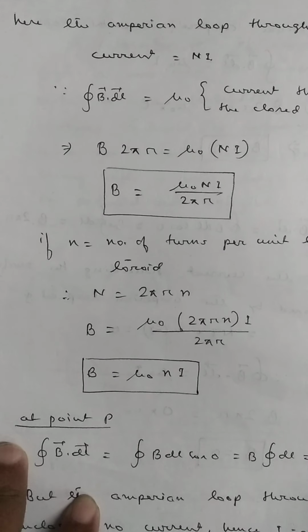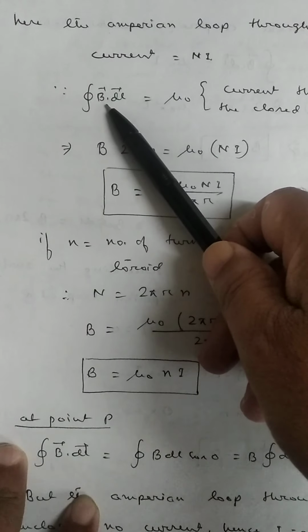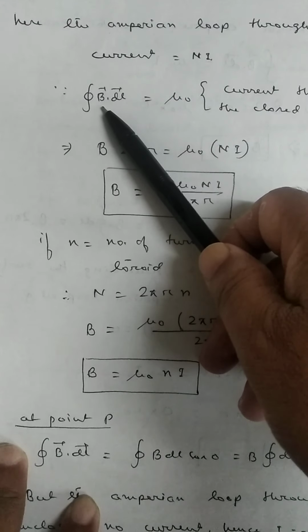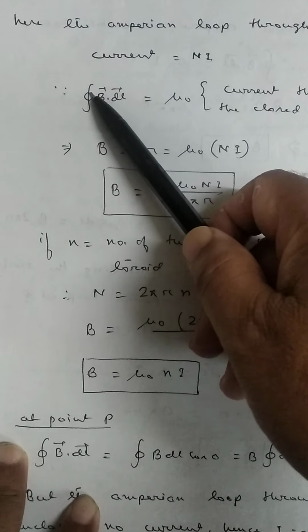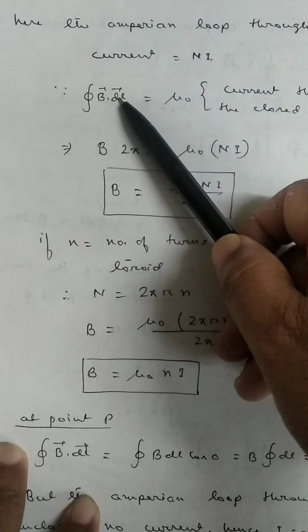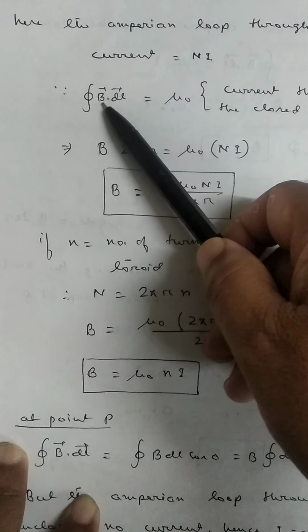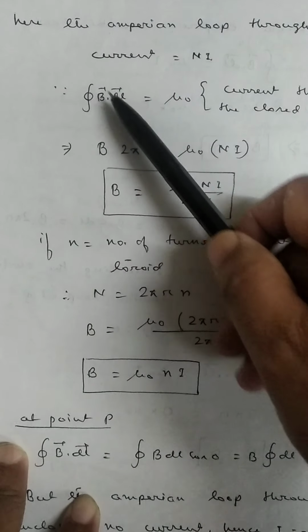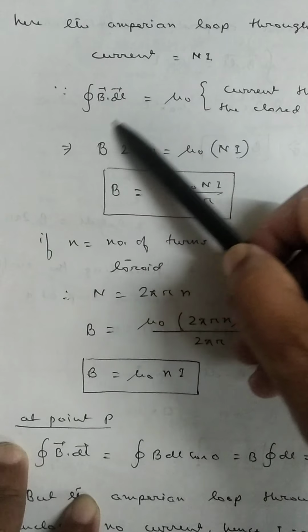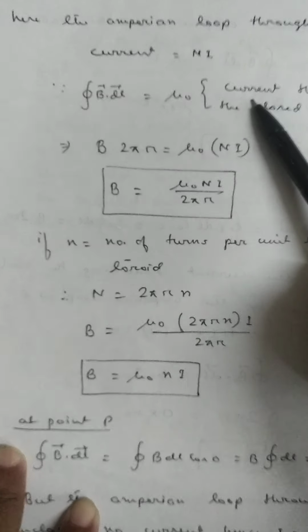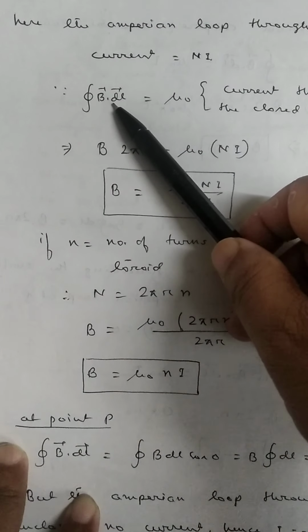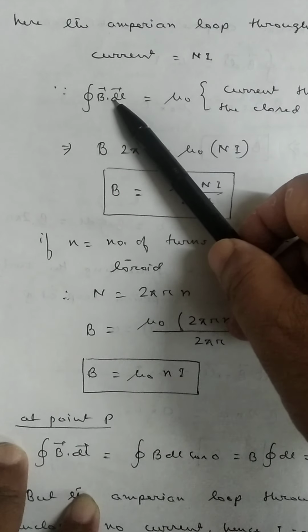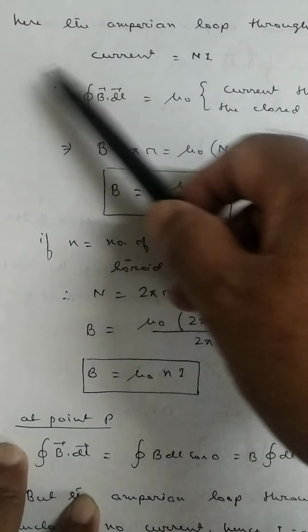So what is Ampere's law? Ampere's law is the closed line integration of B dot dl around any closed path, which is equal to mu 0 times the current threading the surface enclosed by the closed path.